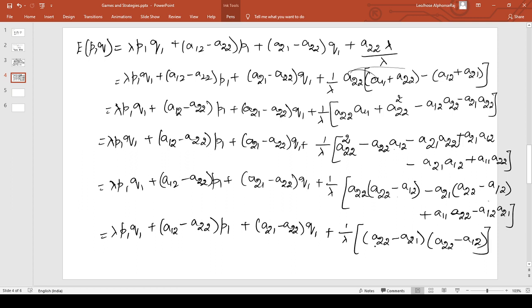So let me take out this, plus 1 by lambda into A11 A22 minus A12 A21. If you compare it with the statement of the theorem, you can clearly see this is nothing but the value of the game. So the rest of the four terms are to be simplified now.